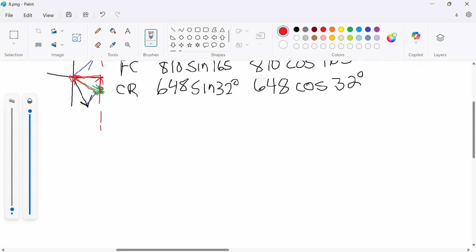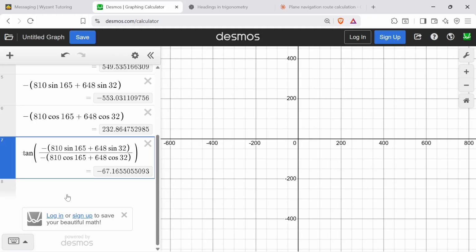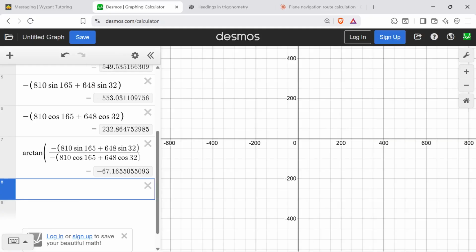So now I have to say, what is that angle in heading? Well, heading is always positive, 0 to 360. So negative 67 would be 67 degrees and change from the 360, because I go all the way around, and then negative 67 is the opposite direction. So I just have to do 360 minus 67, or 360 plus negative 67.